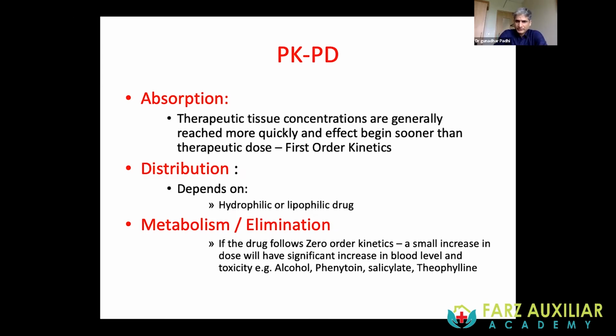Distribution of the substance in the body depends on its nature, whether it is hydrophilic or lipophilic. Hydrophilic means the substance is easily dissolved in the plasma, whereas lipophilic means it is dissolved inside the lipid tissue. Most of the initial substance gets dissolved in the lipid tissue.